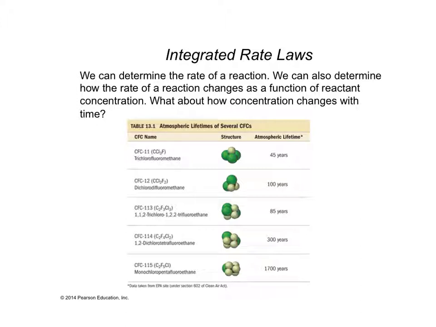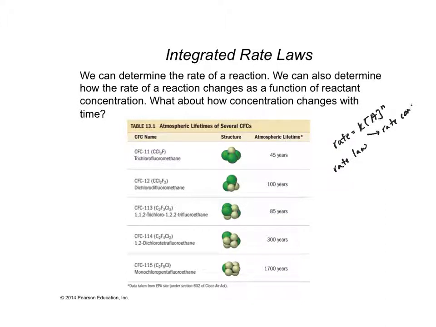All right, so we introduced you guys to the rate laws last time. Last class we talked about rate equal to k times A, and this A is usually raised to some power. This is what we called the rate law. k was called our rate constant.